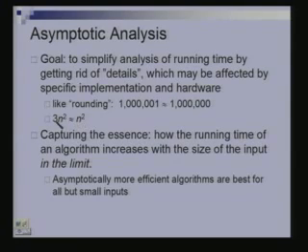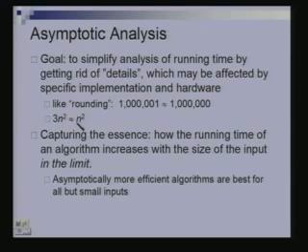Why? Because this constant is typically dependent upon the hardware that you are using. In the example that I showed you, the C1, C2, C3, all of those times would depend upon the computer system that you're using, the hardware, the compiler, many factors. And so we are not bothered about distinguishing between such algorithms.